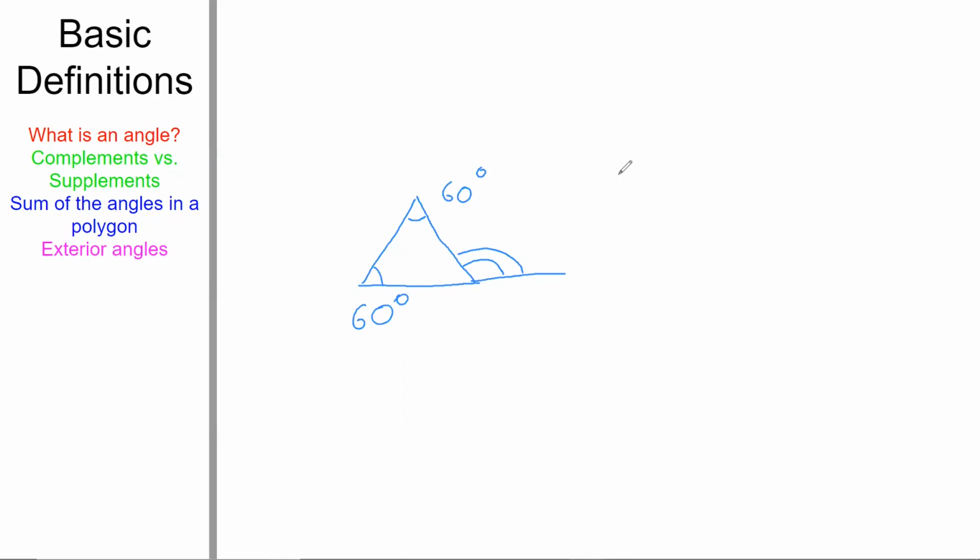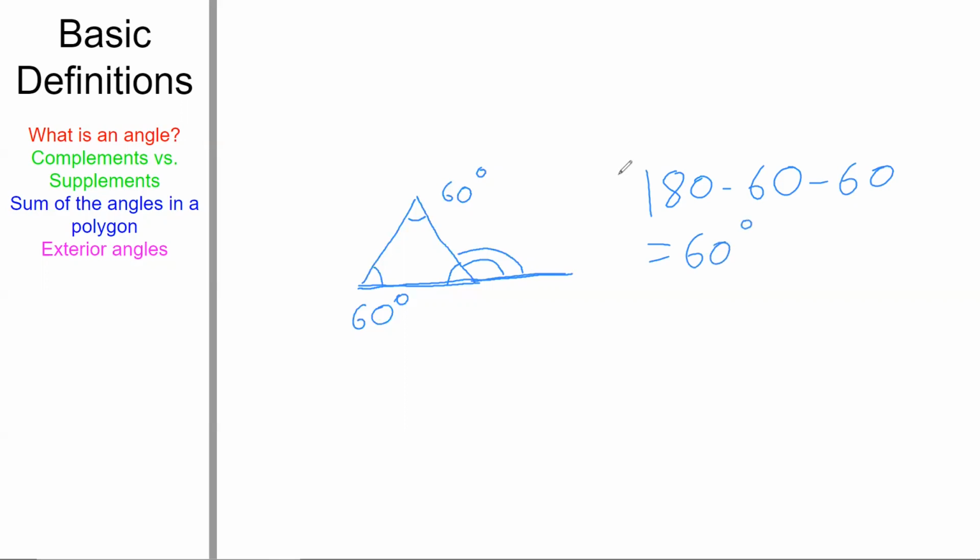And there are several ways you could figure this out. You can note that this down here is a line, which means all the angles on it add up to 180 degrees. And because this triangle is equilateral, and because its angles add up to 180 degrees, then 180 minus 60 minus 60 is equal to 60 degrees.